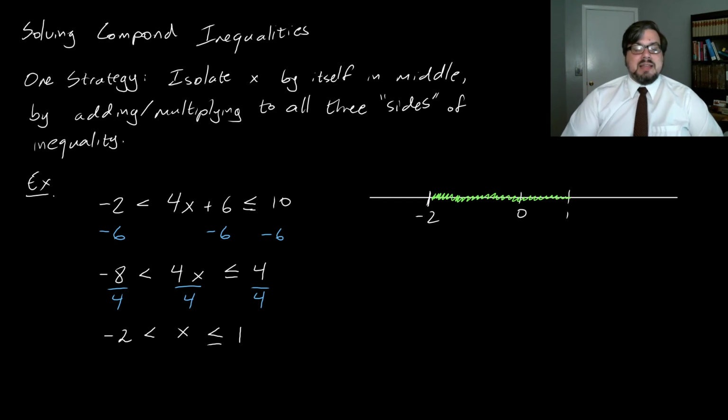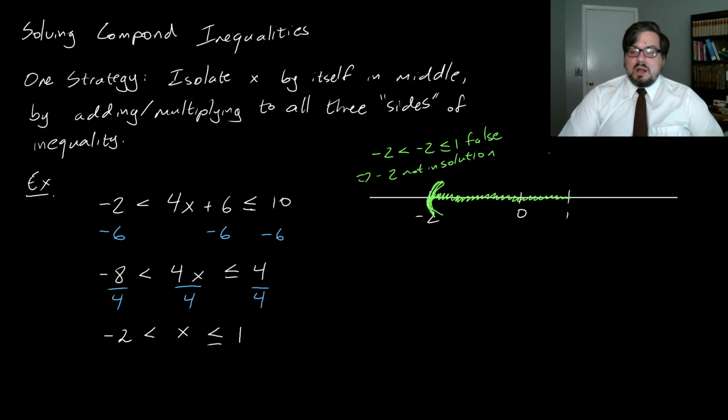So if we plug -2 into our compound inequality, we get something that is false, because 2 is not less than -2. So that means that -2 is not in the solution, which means that when we sketch out our solution on our number line, we're going to use a parenthesis on -2.